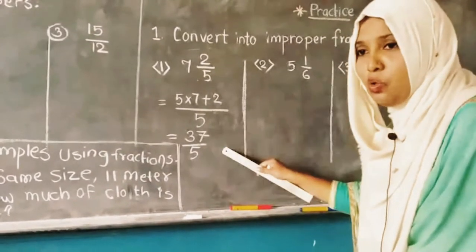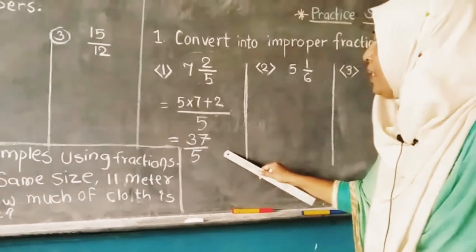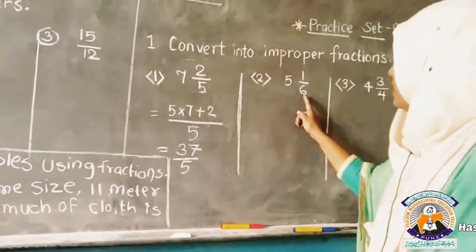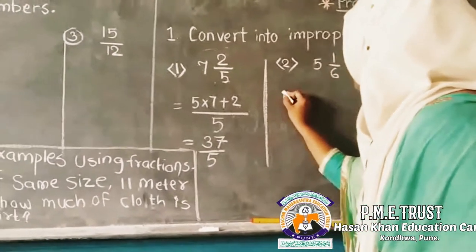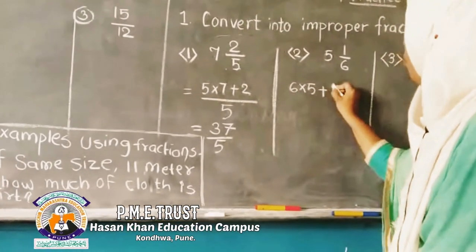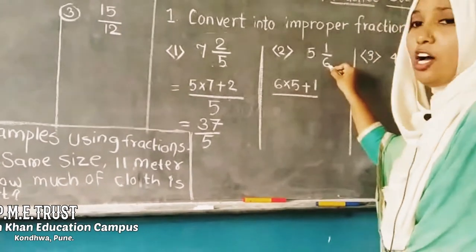All of you understood this first example. The next one, see here students, 6 multiplied by 5 plus 1 and the denominator is what?